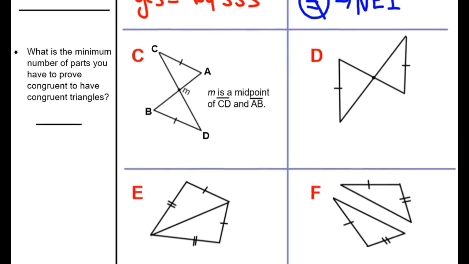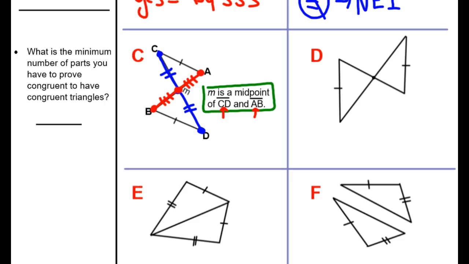If we move on to question C, now it does have a statement here that says M is the midpoint, and it tells you that it's the midpoint of CD and AB. So let's explore our triangle. Put your pencil on C, trace all the way to D, and know that M is the midpoint, so we can put tick marks on there, and in this case we put tick marks between C and D. It also tells us that M is the midpoint of AB, so then we put our pencil on A. We trace all the way to B. Again, M is the midpoint, and now on the red line, we can also put tick marks.